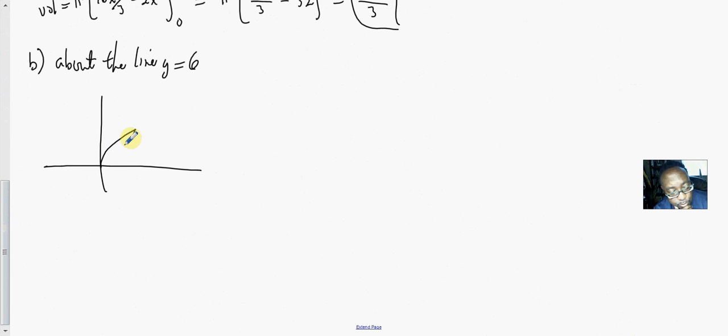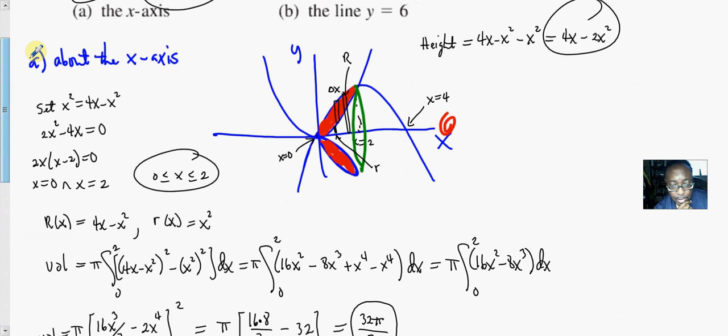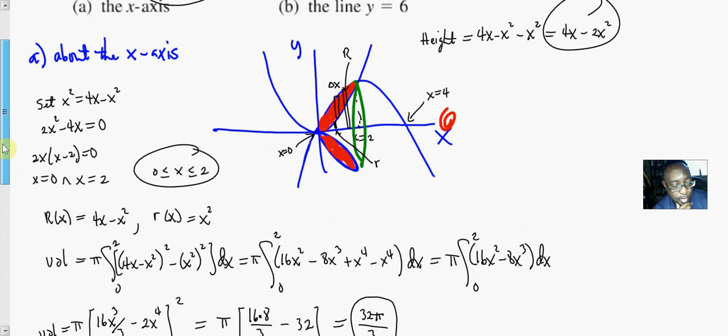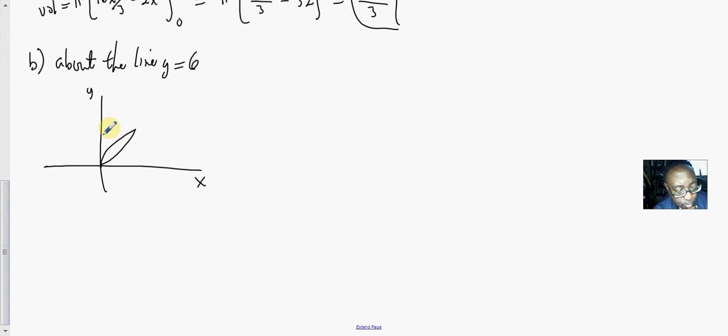It was the moon. And in terms of how far we went up here, that point of intersection, x was 2. So if x was 2, then that would give us 4 for the height. And then y equal to 6 is up here.